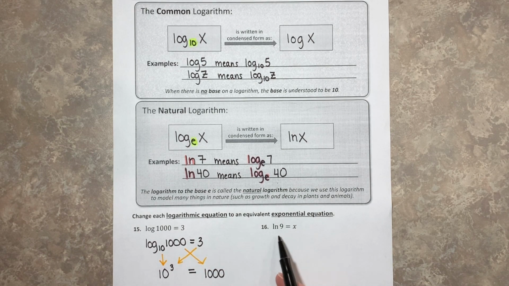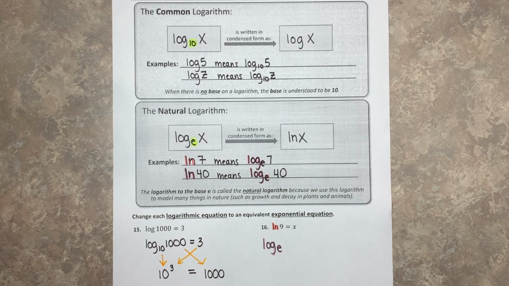Let's take a look at this problem here. So here we have the natural logarithm of 9 is equal to x. So to write this log in exponential form, we have to identify the base. Remember, if you see ln, that just means log base e. So we can always rewrite ln as log base e.